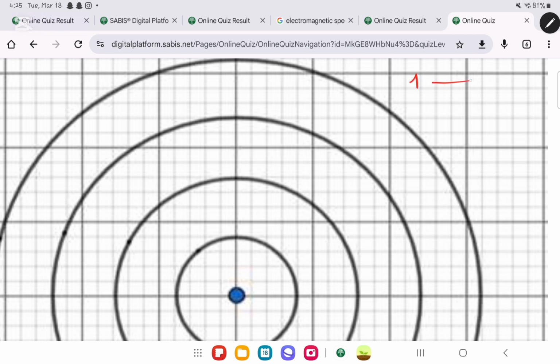And we're going to count how many blocks there are. We know one block is 20 centimeters. Let us see how many blocks there are. We have from here all the way to here. You do not count the center. Let me do it again. So 1, 2, 3, 4, 5, 6, 7, 8, 9, 10, 11, 12, 13, 14, 15, and 16.